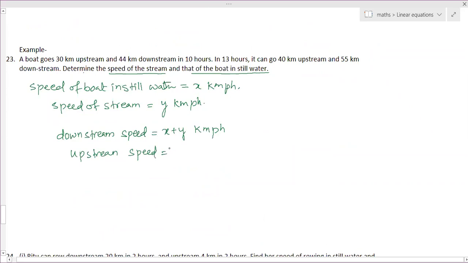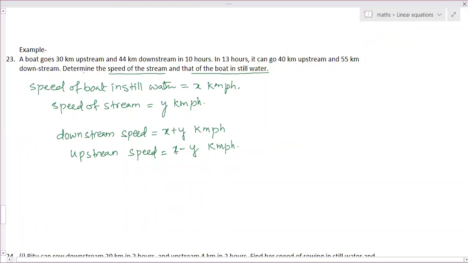And upstream speed is against the stream. The river is going downwards and the boat is going upwards. That means the speed of the boat should be high enough to move against the stream. That is x minus y kilometer per hour.